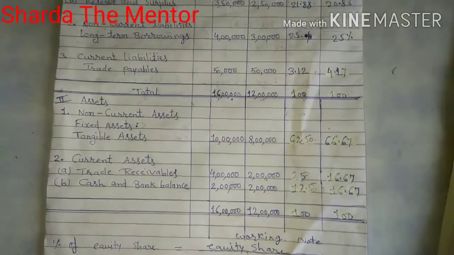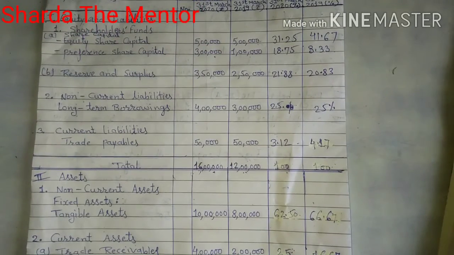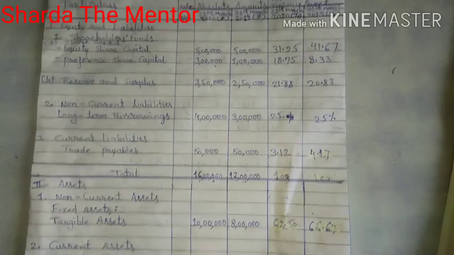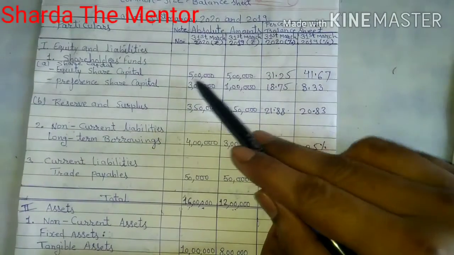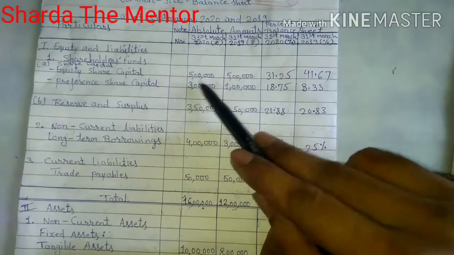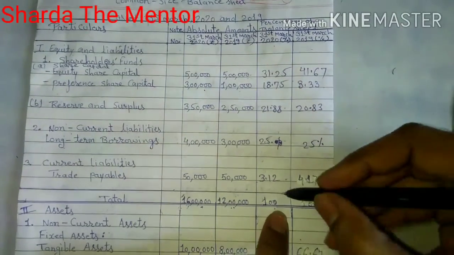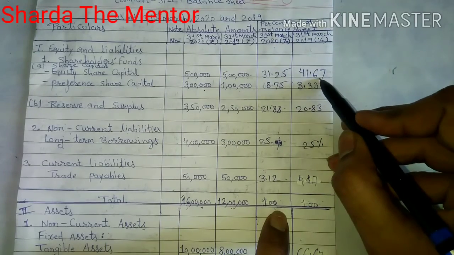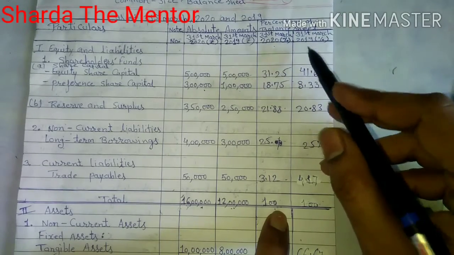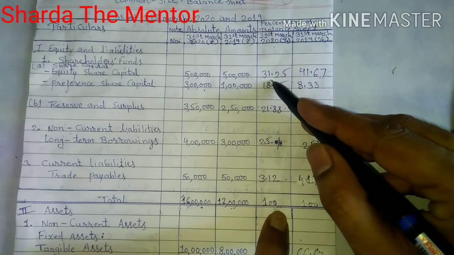So one more difference is that in the comparative statement you just compare the difference with the previous year. But here you can compare, like here you can see that 5 lakh is the equity capital, but when we talk in terms of percentage, in 2019 equity was 41.67% of total liabilities, but here it is 31.25.